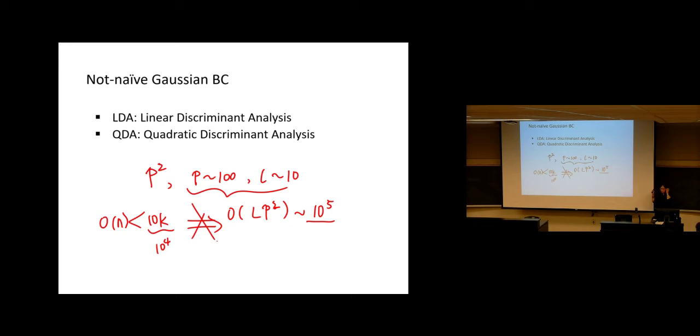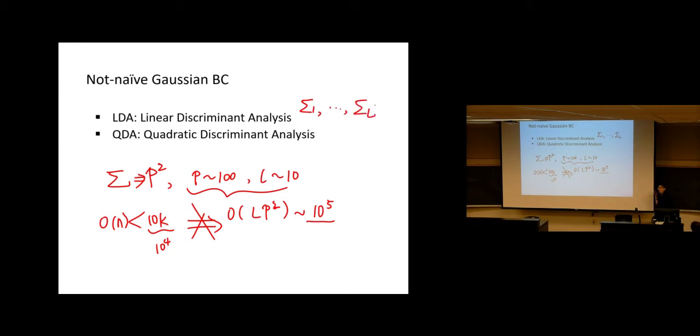So you want to reduce the P quadratic parameter space. How do you do it? There are many ways. First of all, I have to estimate sigma 1 up to sigma L, right?